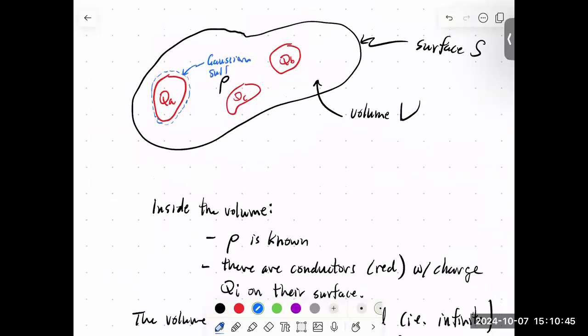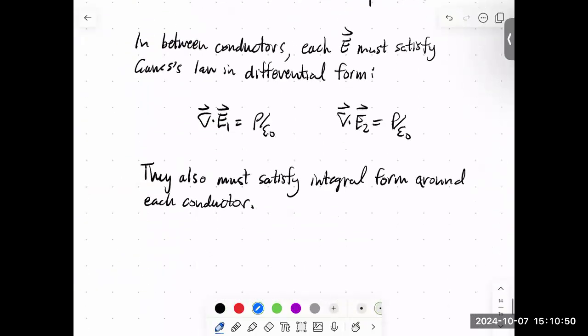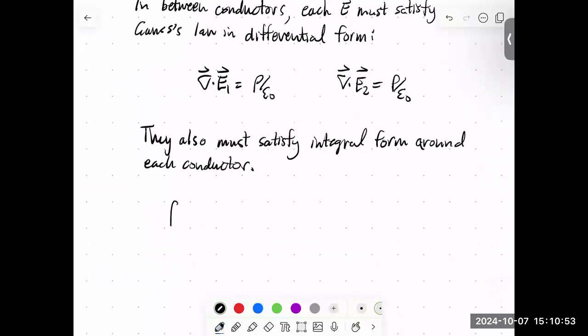And I can draw one of these for each of the conductors that we have. Okay, what is the integral form of Gauss's law? Well, it says that this integral of E1 dot dA must be Q enclosed over epsilon naught. But Q enclosed is just going to be whatever charge is on whichever conductor we're sitting beside. And so this integral is around a surface that surrounds conductor i. And then, of course, E2 must satisfy the same thing.